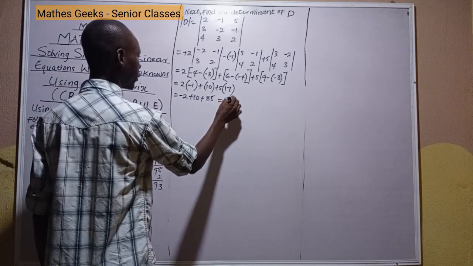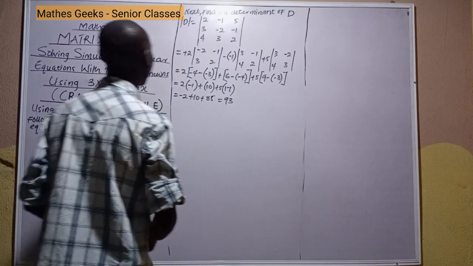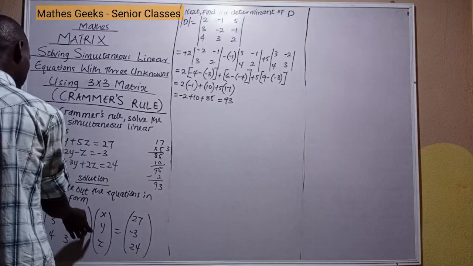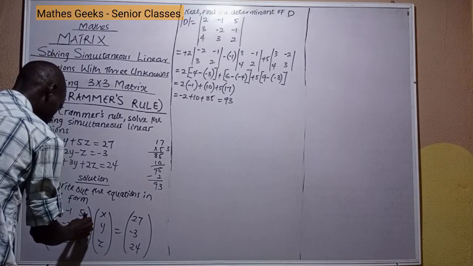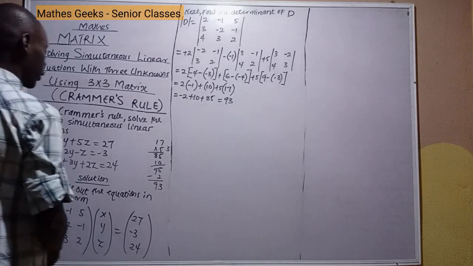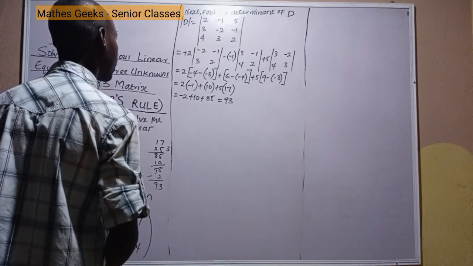So the determinant of D, which is the main matrix formed from the coefficients of the simultaneous equations, is 93.